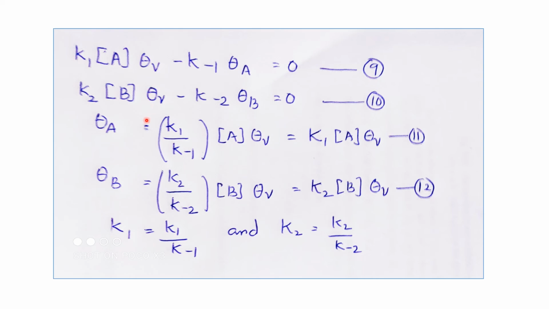Rearranging equations 4 and 5, we get theta a equal to K1 by K inverse 1 A into theta v, that is equal to K1 into concentration of A into theta v. Theta b is equal to K2 by K inverse 2 into B into theta v, that is equal to K2 into concentration of B into theta v, where K1 equal to K1 by K inverse 1 and K2 equal to K2 by K inverse 2.